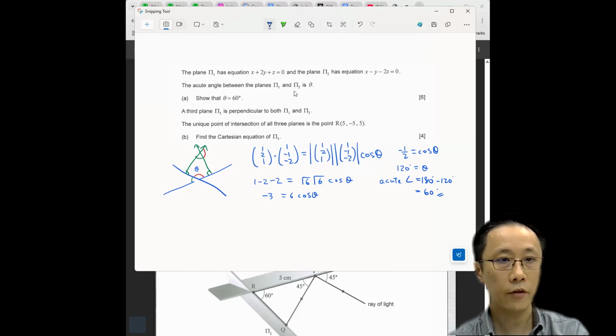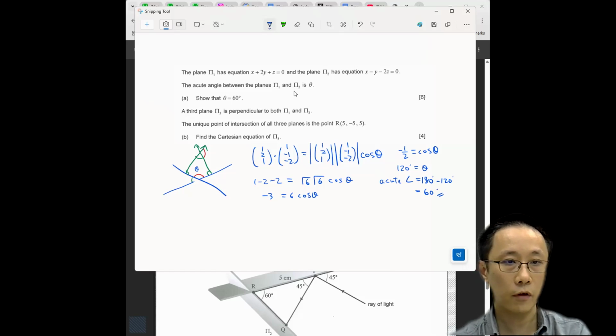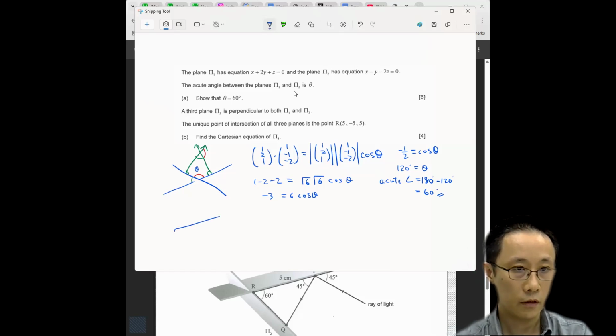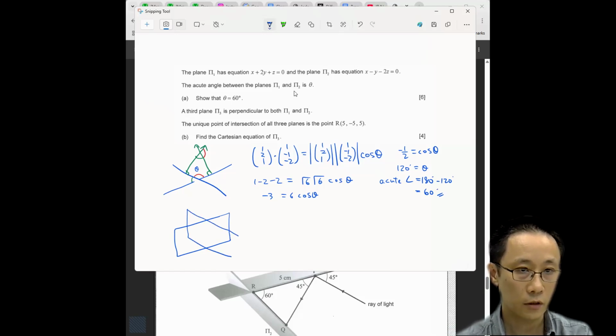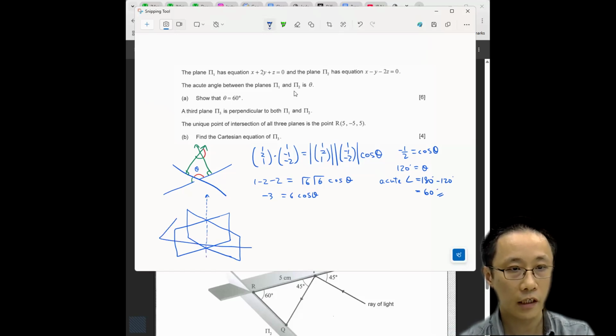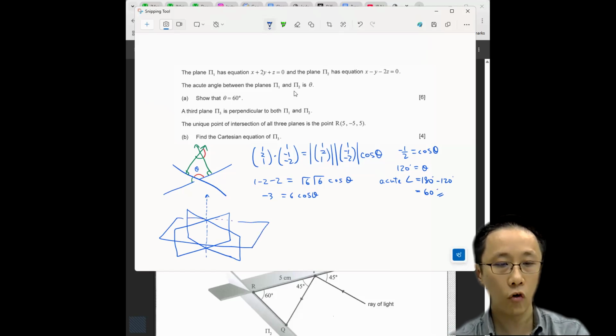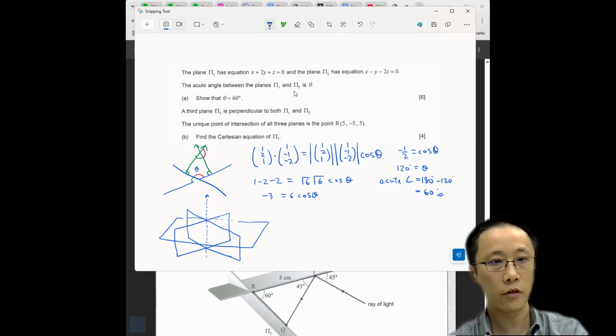Now, part B, we have a third plane that is perpendicular to both original planes. And they give us the original point of intersection. So for this kind of question, there are two planes that go like this. What you need to realize is that the direction vector of the line of intersection of the first two planes will serve as a normal vector for the third plane.